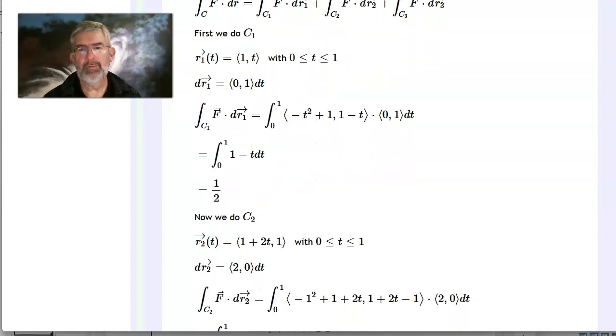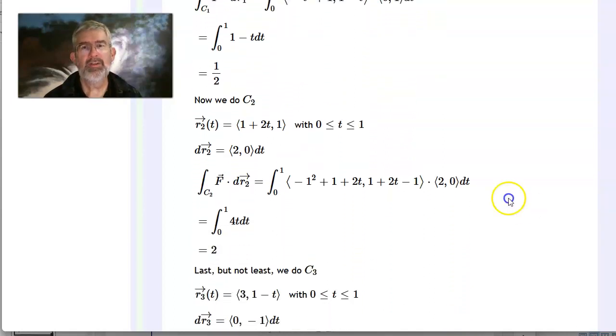Likewise here, for C2, C2 was parameterized this way, 1 plus 2t for the x component and 1 for the y component. So taking the derivative to get dr, the derivative of the x component here is 2 and the y component is 0 times dt. Now when I do f dotted with dr, I got to be a little careful here because the x's and y's are different.